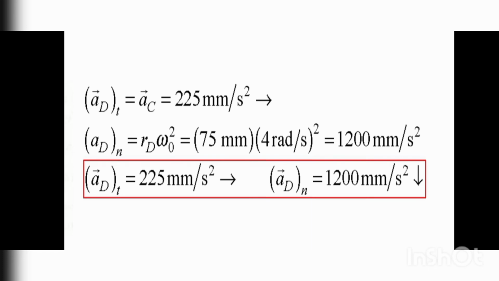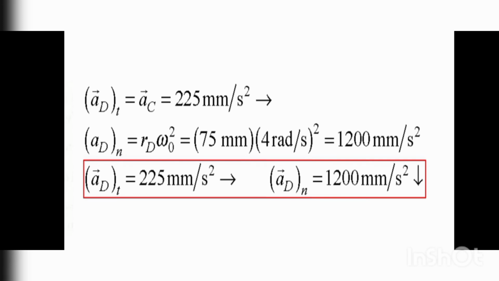To get the normal acceleration of D, the formula is r of D times angular velocity raised to 2.